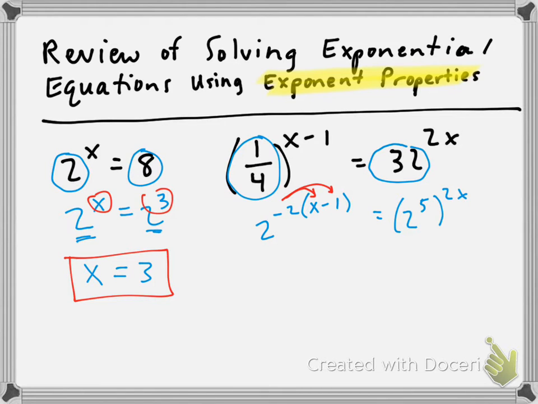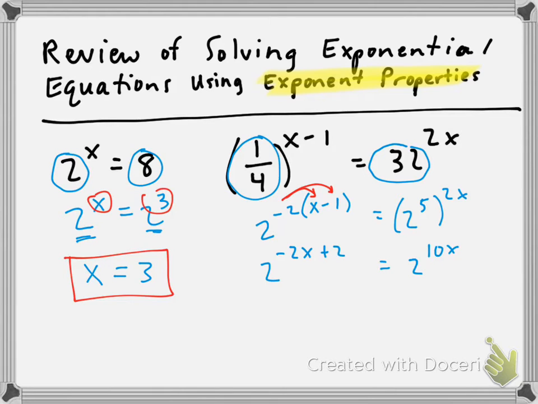So we have negative 2 times x, which is negative 2x, and negative 2 times negative 1 is positive 2. And on the right side of the equals sign, we have 5 times 2x, so that's 10x.